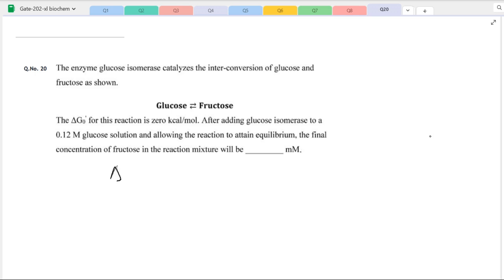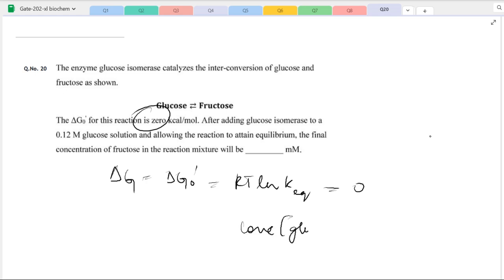At equilibrium, delta G equals 0, so delta G0 equals RT ln K equilibrium. If this is 0, as given in the question, then the concentration of glucose and the concentration of fructose are going to be the same.